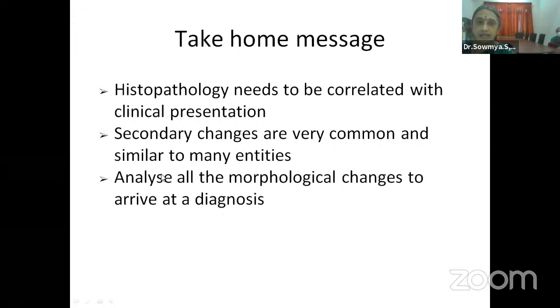This is the ultimate thing we have to take care of, as we do for any other biopsy. But in synovium, we have to be extra careful because there are so many different lesions which can present with similar secondary changes. So the entire morphological changes have to be considered along with the clinical presentation, and if needed, culture and immunological markers.